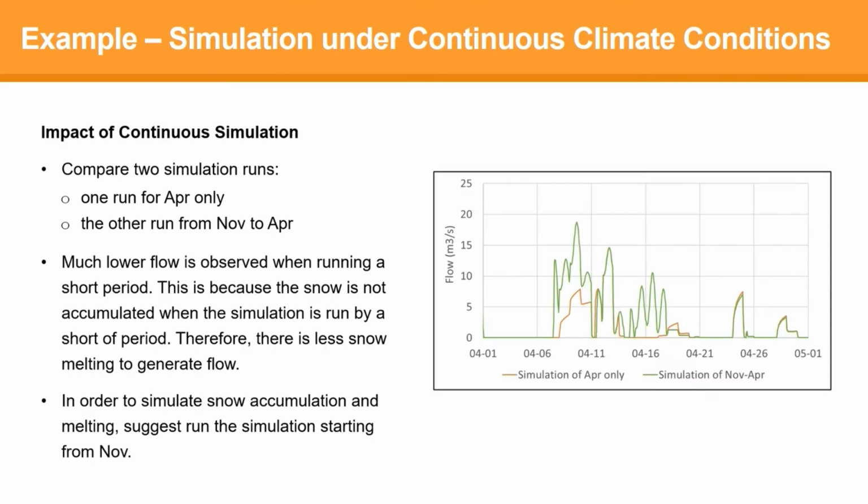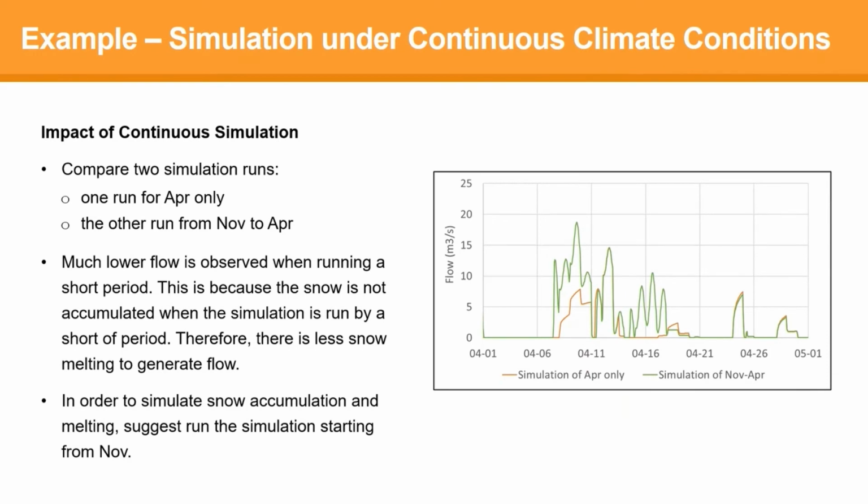So that's the difference. If I just run a very short term, like for April, you see the flow is much lower compared to the other run, which I run starting from November. The reason is that if I just run for 1 month, there won't be any snow accumulated.